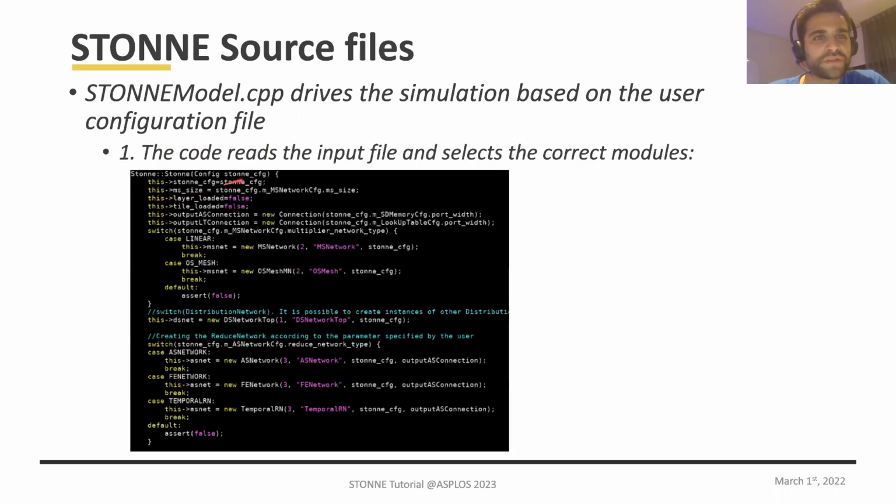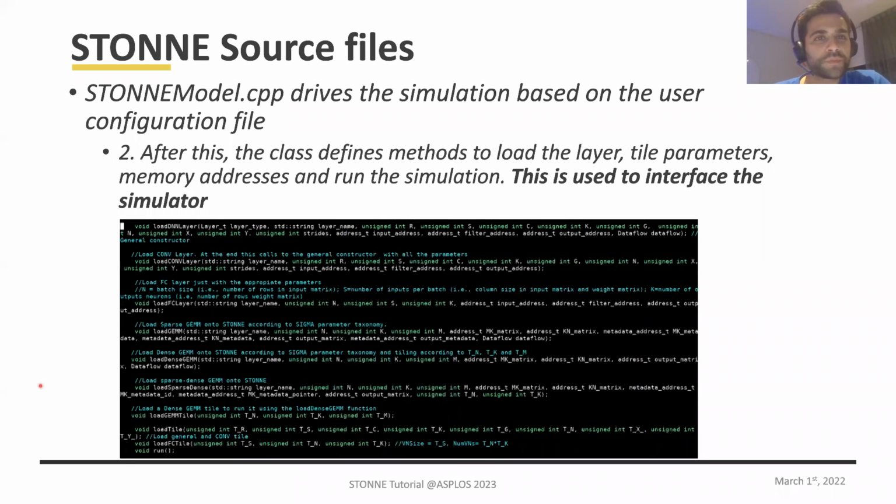The first phase just reads the input file, right? Here is a snapshot of the code. This code selects the different architecture that we want to simulate based on the input configuration file, and it reads all the simulator parameters, right?